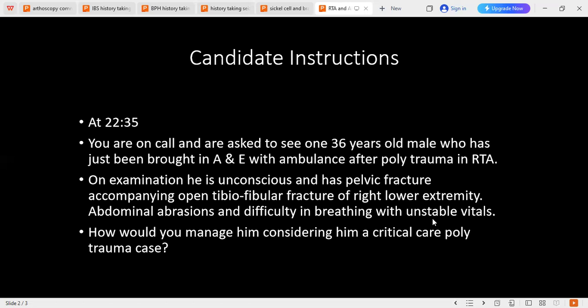So nowadays it's X, A, B, C, D. X is to look for any source of bleeding, active bleeding. At the same time, when you're ensuring that the airway is patent, you have to take care of the cervical spine.